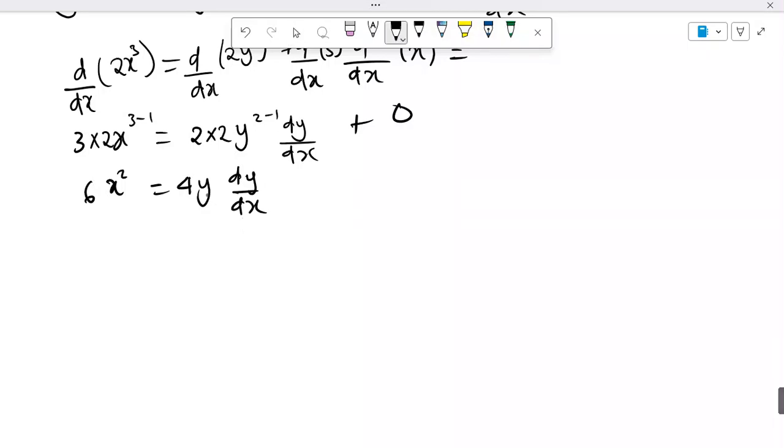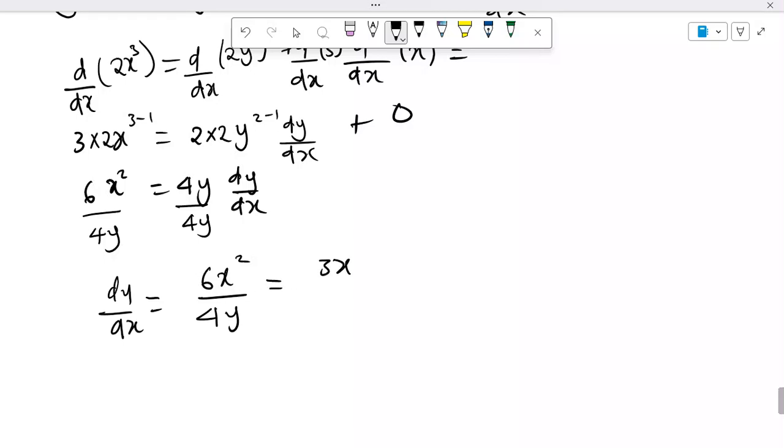So we don't want this term, you divide by 4y, even here you divide by 4y. dy dx is equals to 6x squared over 4y. So you can reduce this further. 2 into 6, 3. 2 into 4, 2.